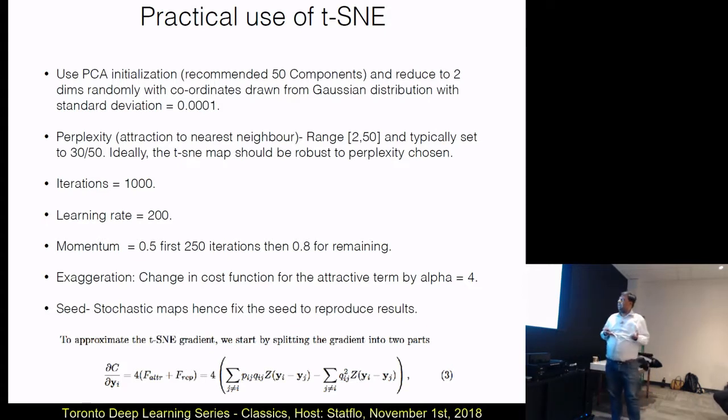The typical range is something between 2 to 50. For most typical cases I have worked on, it's set to 30, and in certain cases you might set it to 50. Ideally, the t-SNE map should be robust to the perplexity chosen. What that means, we will talk about later.